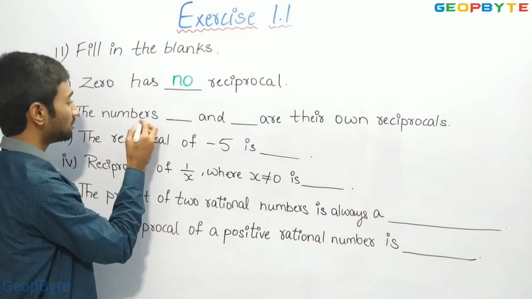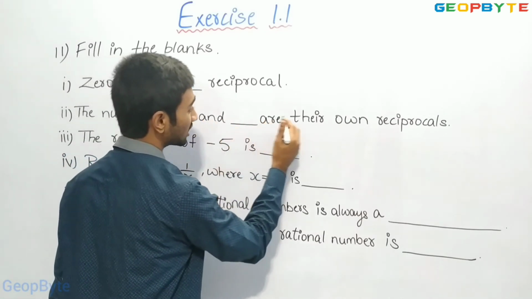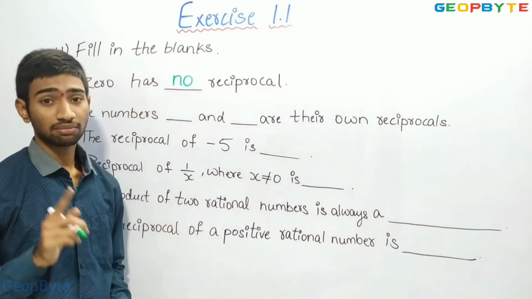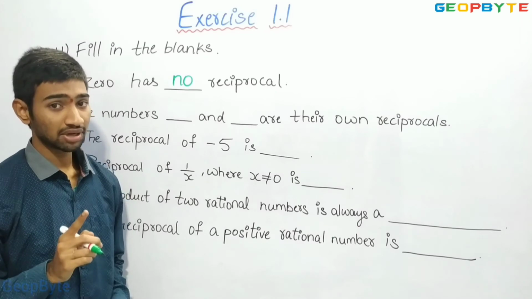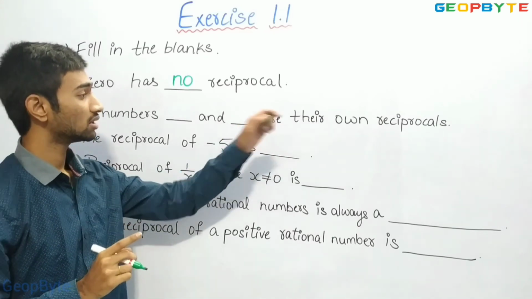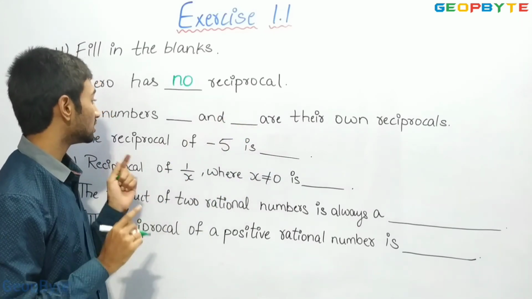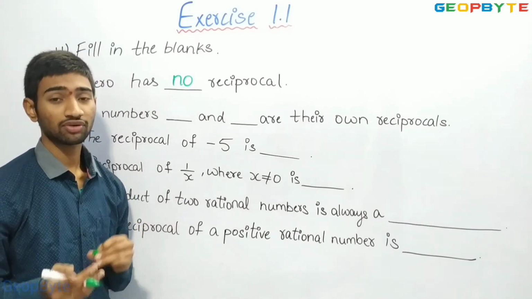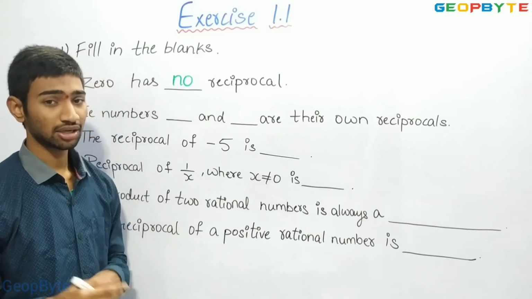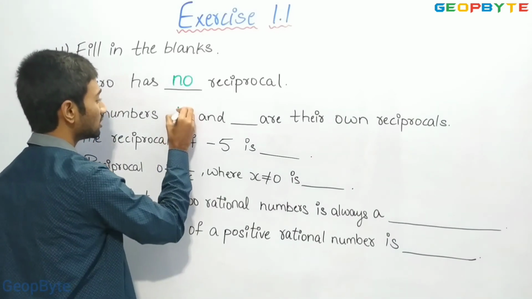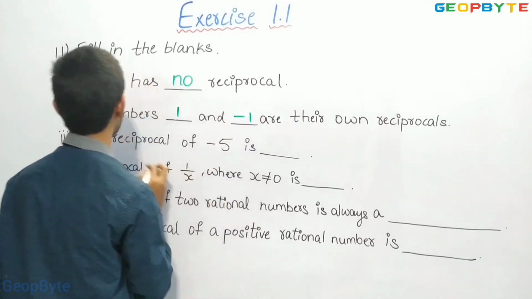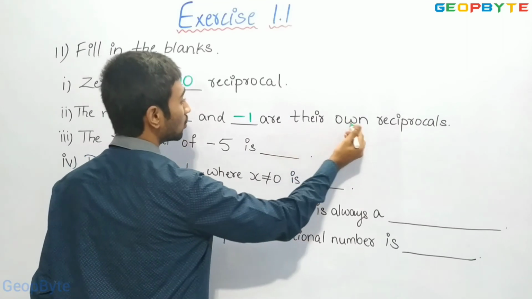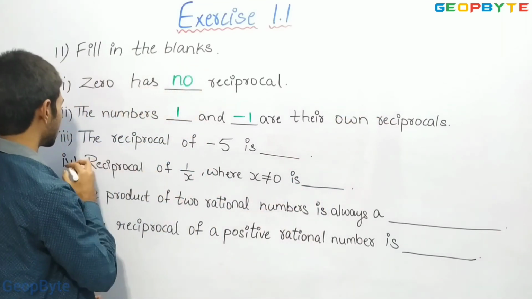Second one, the numbers dash and dash are their own reciprocals. We know that 1 and minus 1 are the only numbers which have their own reciprocals. That is, the reciprocal of 1 is 1 and the reciprocal of minus 1 is also minus 1. So, 1 and minus 1. The numbers 1 and minus 1 are their own reciprocals. Next, third one.